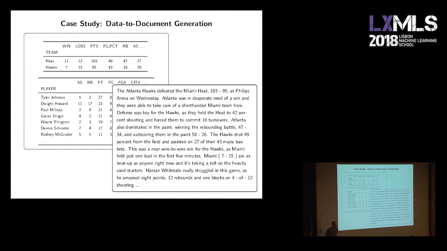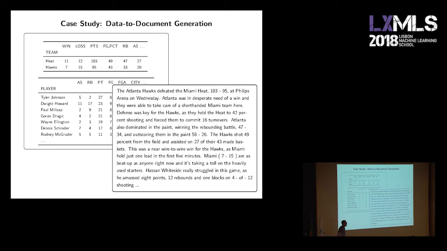So for this case study, what I'm going to do is propose a long-form text generation problem. This problem consists of very large tables paired with rather long document descriptions. The tables, which I show at the top left, consist of box scores of basketball games. Basketball is a sport that's like soccer, but you can touch the ball.